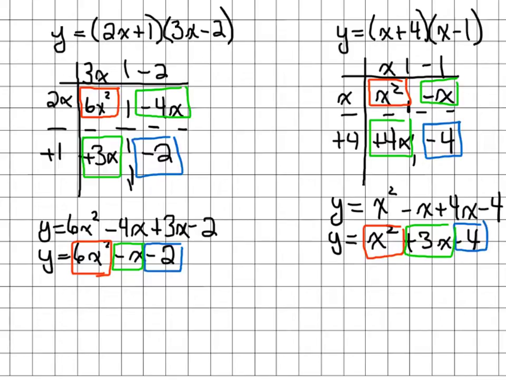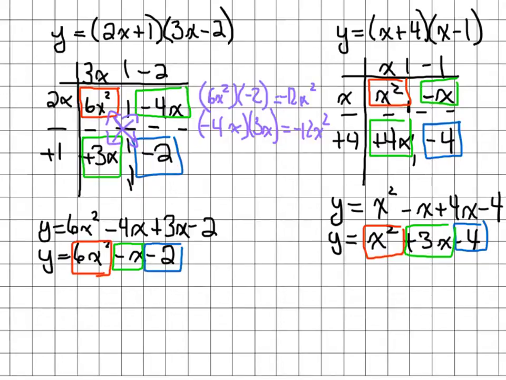So 6x squared times minus 2 equals minus 12x squared, and minus 4x times 3x also gives us minus 12x squared. And that's an interesting pattern, and that pattern actually always holds. So this times this is equal to this times this.